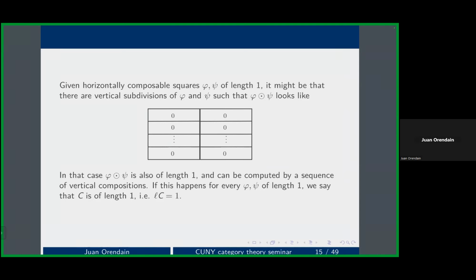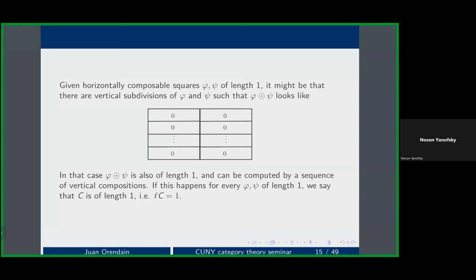In that case, using the exchange relation or the Eckmann-Hilton argument, you can first compose the first two complexity 0 squares into a complexity 0 square, then the second, etc., and compose all of them. And then your square would be a vertical composition of squares marked with a 0, and so your square would be of length 1. That would be the idea. So if given two squares of length 1, you can find decompositions like this that match horizontally, then the horizontal composition is of length 1.